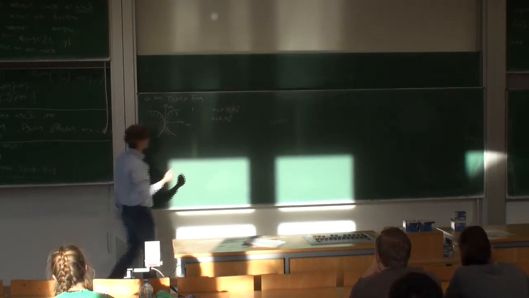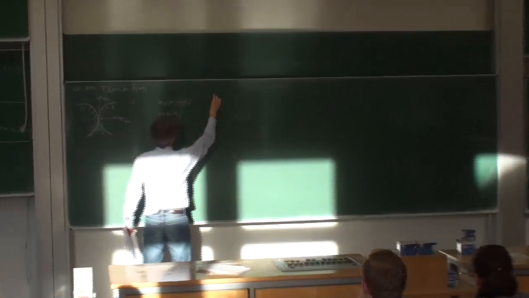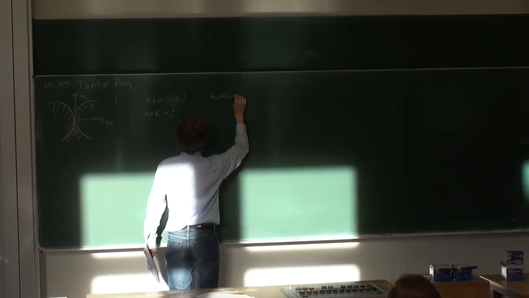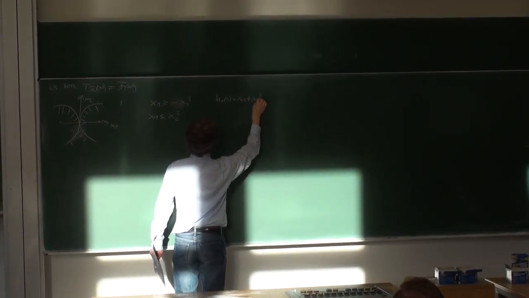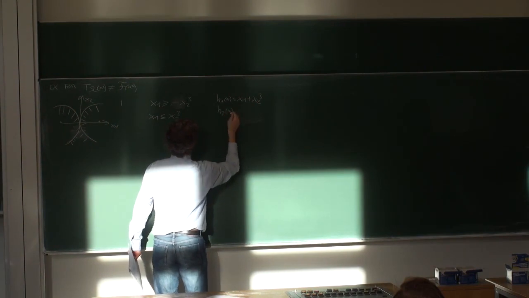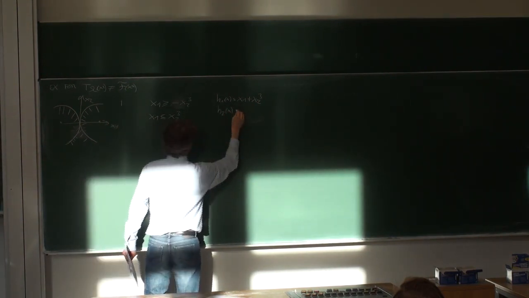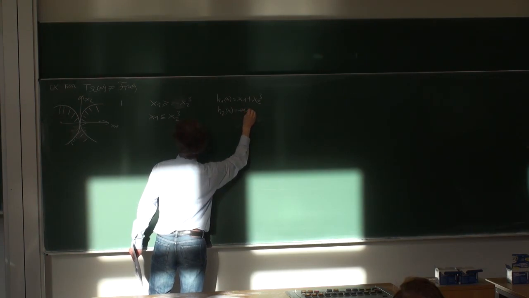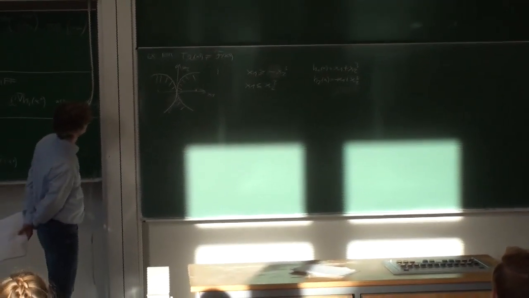They don't look so nasty, but now I can reorder things. I will say h1 of x is given by x1 plus x2 to the power of 3, and h2, putting everything on the positive side, is minus x1 plus x2 to the power of 3. And then I think I made something wrong. x1 should be bigger or equal to x2 to the power of 3, shouldn't it?